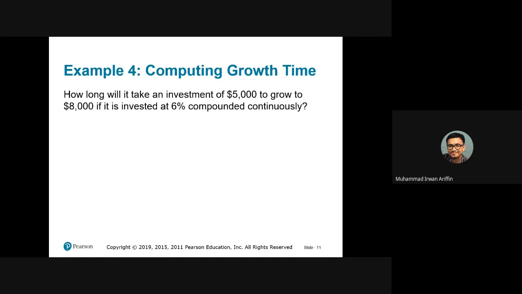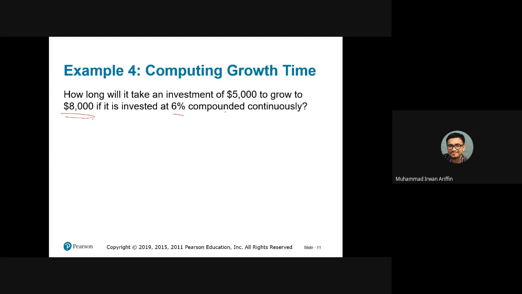Now what if we change the question a bit? In the previous question we asked what is the final return after you invest that money. Now let's say you know your principal and your target. Your principal is 5,000, and at the end of that period you want to get back 8,000, and the compound interest is 6%.